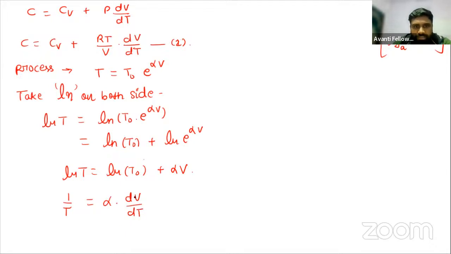So from here you can put the value of dV by dT as 1 upon alpha T.